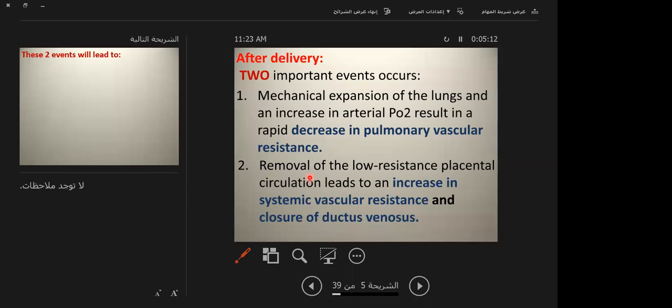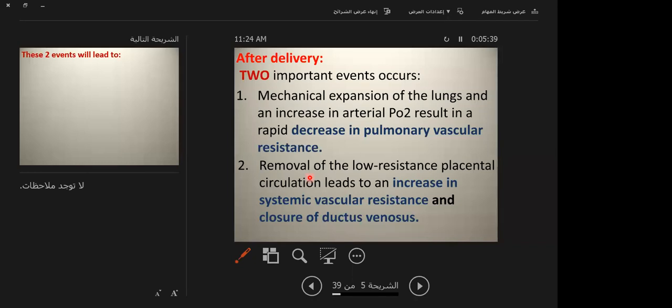First, pulmonary vascular resistance rapidly decreases because of the lung expansion and increased oxygen saturation. And systemic vascular resistance will be increased because of the clamping of the umbilical cord and removal of the placental circulation, which normally has low resistance. So now systemic vascular resistance is more than pulmonary vascular resistance.